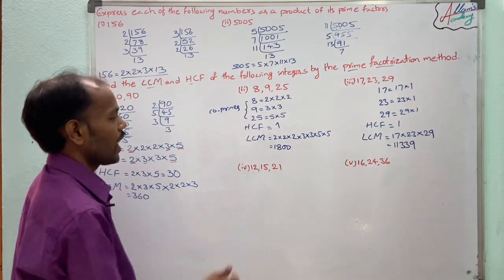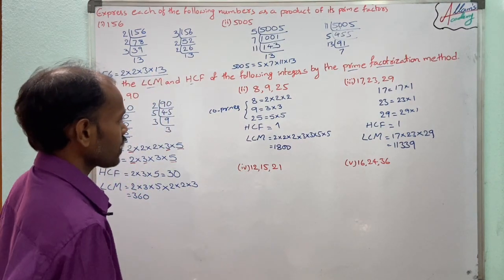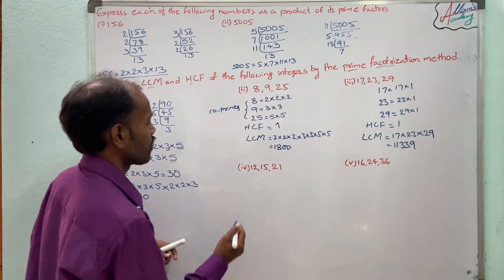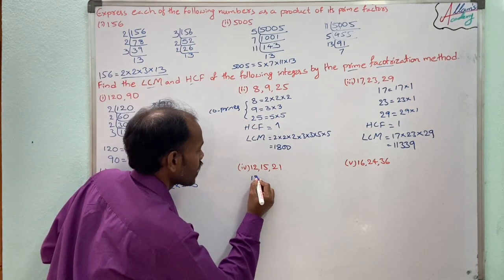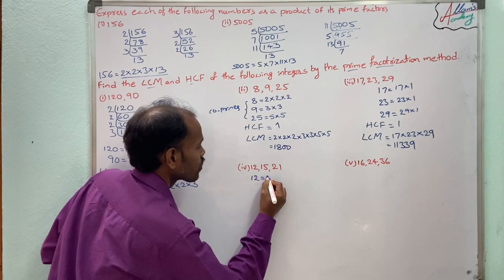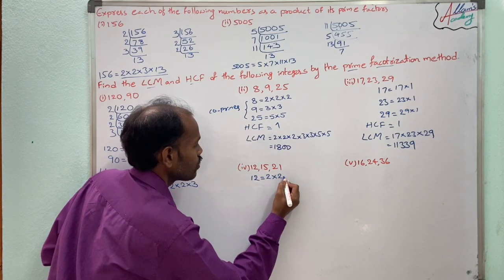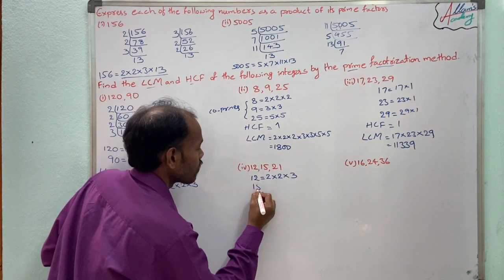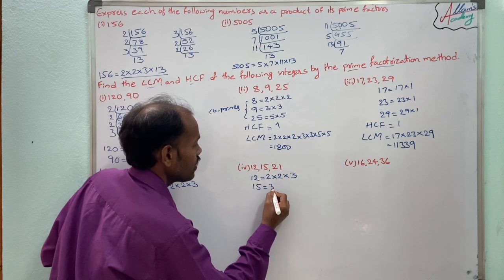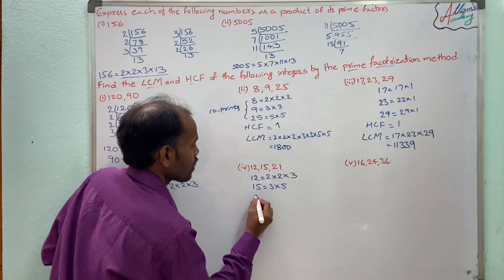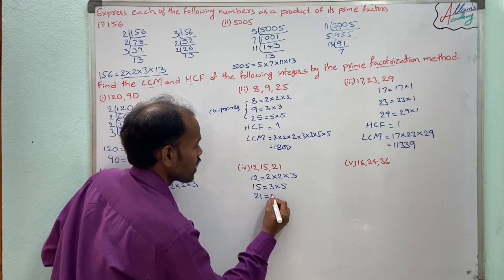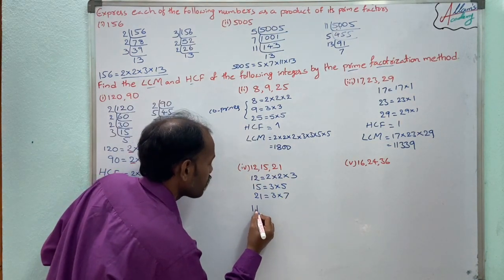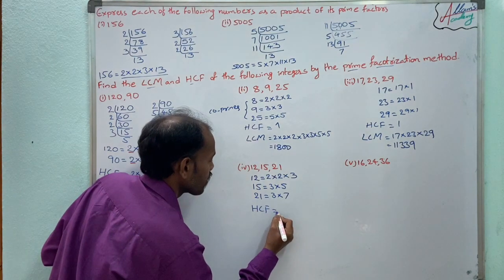Now we see another problem: find the LCM and HCF of 12, 15 and 21. Now 12 can be expressed as 3 4s, and 4 can be expressed as 2 2s, so 2 into 2 into 3. 15 can be expressed as 3 5s. 21 can be expressed as 3 7s. Now find the HCF of these three numbers 12, 15 and 21.